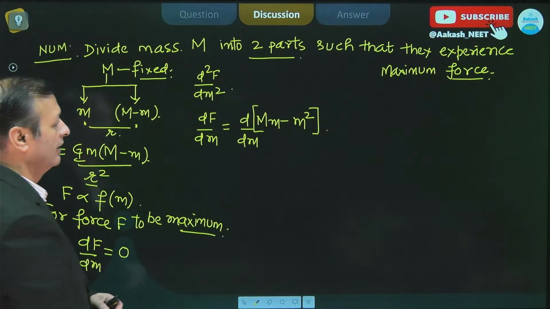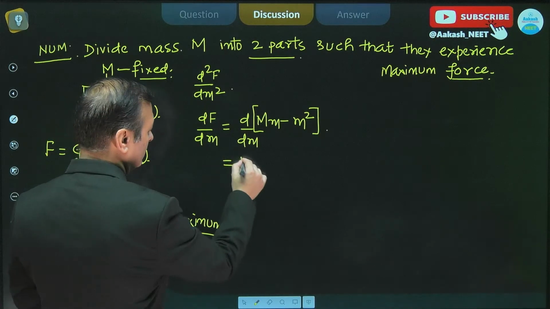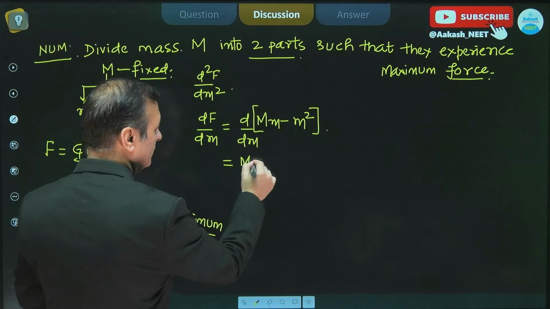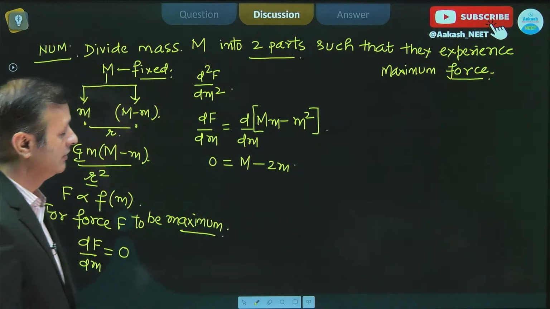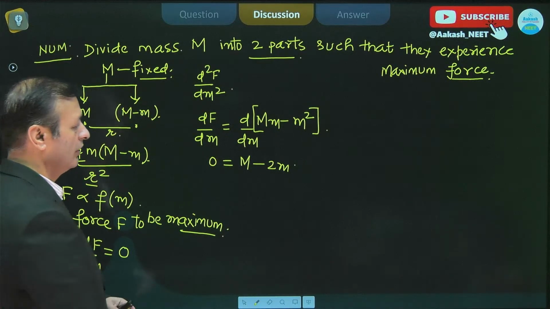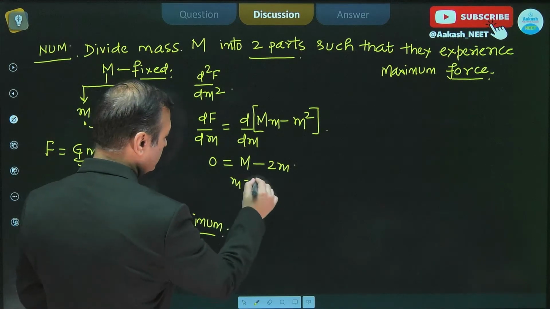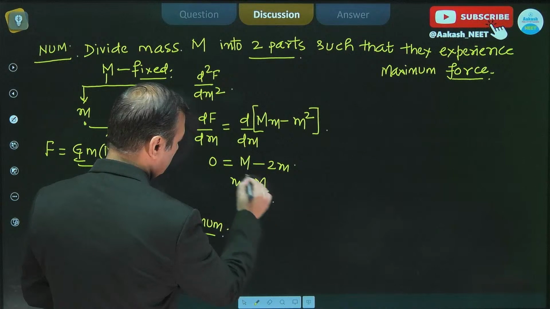Got it? And when you define it, it's M minus 2m, and for the force to be maximum, we just put it as 0, and small m becomes M by 2.